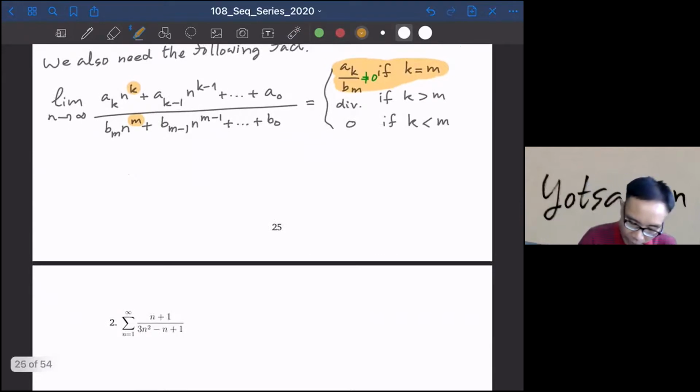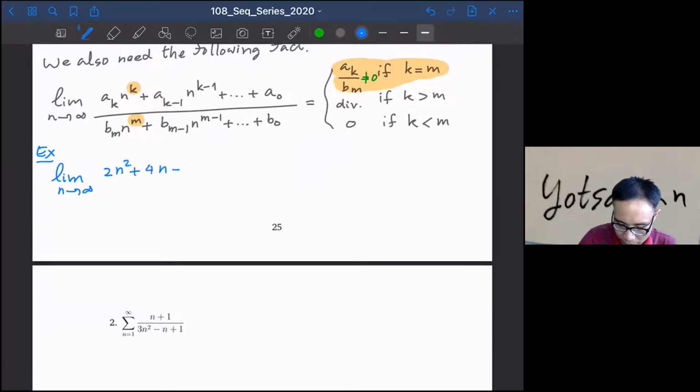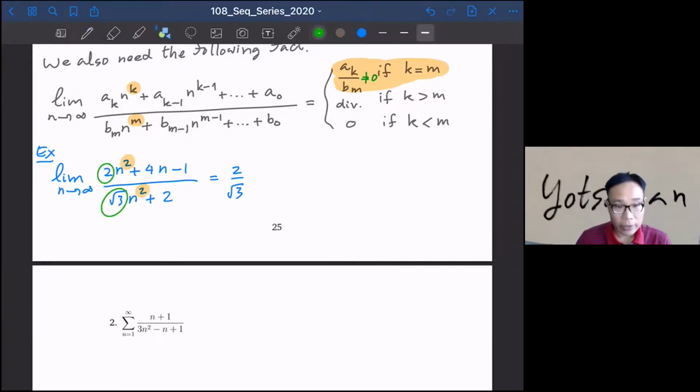Okay, so let's try number 2. Before I do that, let me give you an example. If I ask you to find the limit as n goes to infinity of 2n squared plus 4n minus 1 over root of 3n squared plus 2, you see that you have k equal to m, and this limit turns out to be just the quotient between the leading coefficients, which is 2 over root 3.